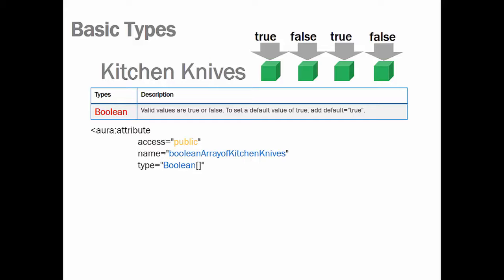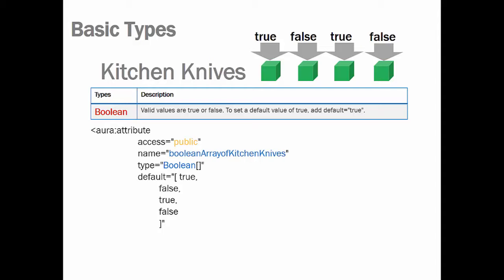The name of this attribute, Boolean array of kitchen knives, kind of tells you what type we're going to be. Now, for the name, I could have chosen anything I wanted to. But for this example, I'm just going to call it what it is. And for the default, I'm going to add some values. And I'll show you.